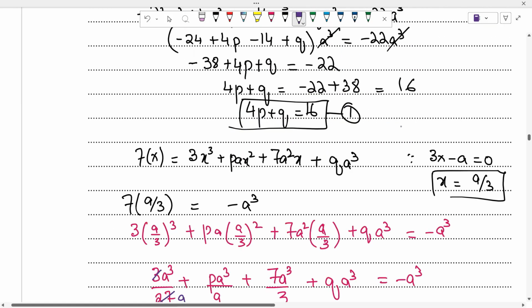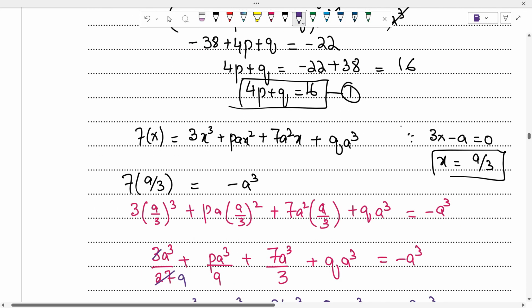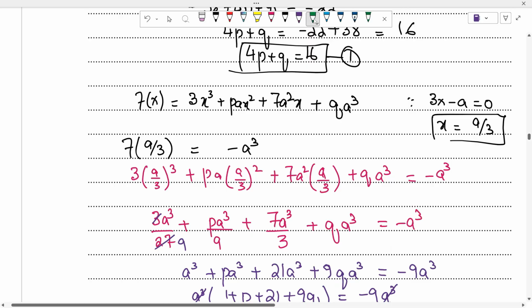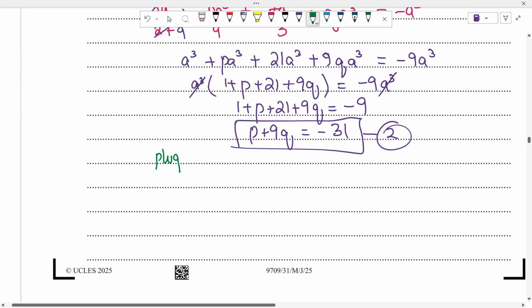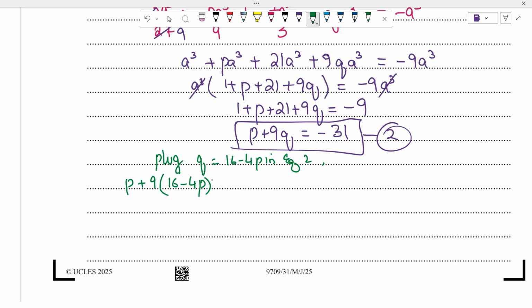So we need to find the values of p and q, so we can solve equation 1 and equation 2 simultaneously. From equation 1, we have q equals 16 minus 4p. Plugging q equals 16 minus 4p in equation 2, we will have p plus 9 times 16 minus 4p equals negative 31.